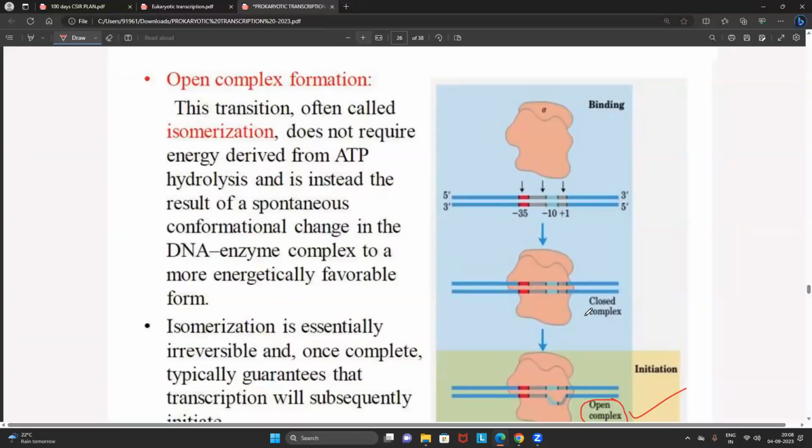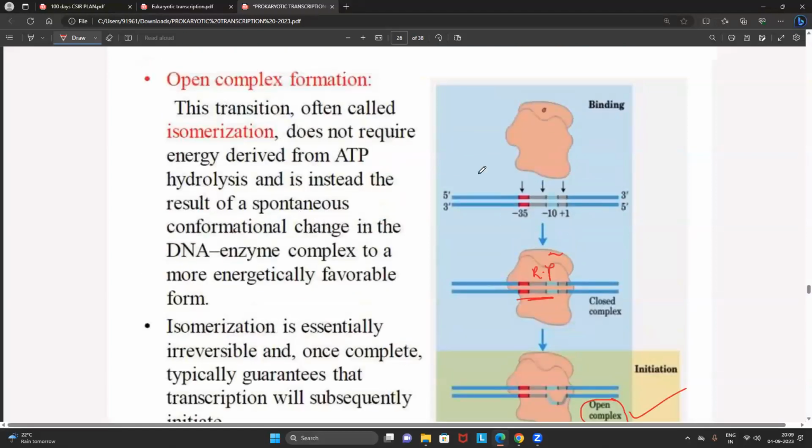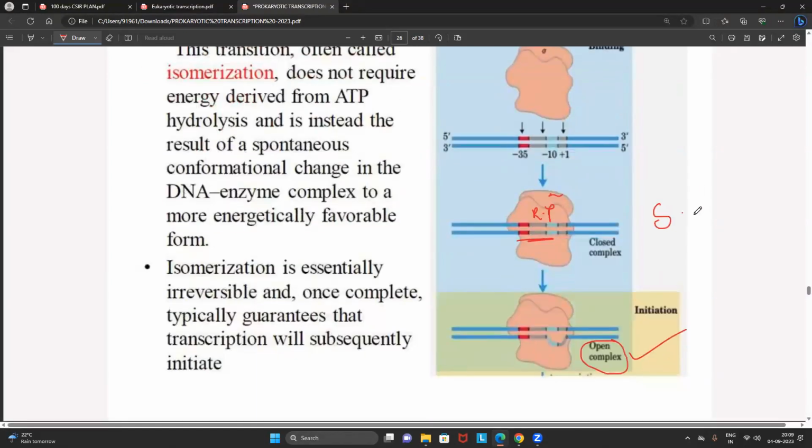If the closed complex wants to be converted into the open complex, there is no requirement of energy. Look into the point. See, this is the RNA polymerase enzyme, the sigma factor, and this is the promoter. Friends, just structural changes occur. What, friends? Structural change or conformational change. The structural or conformational change between what and what? Between the RNA polymerase enzyme and the DNA.